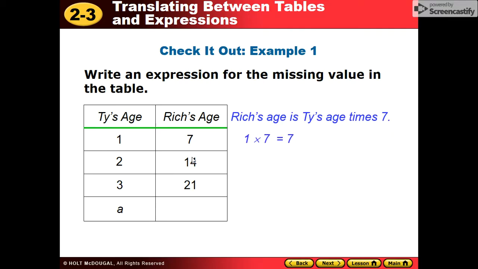So to go from Ty's age to Rich's age, here, 1 times 7, 7. 2 times 7, 14. 3 times 7, 21, so on and so forth. So to find the missing value here, we take Ty's age, which is A, and just like we did for these other problems, we multiply it by 7 to find our missing value.